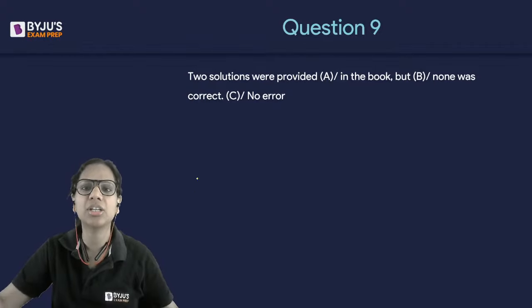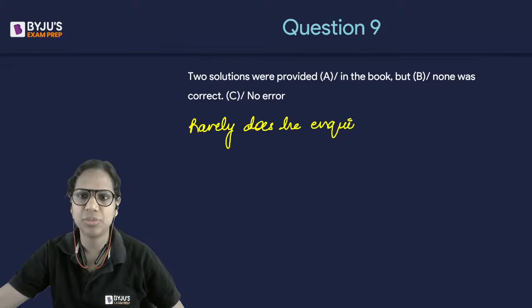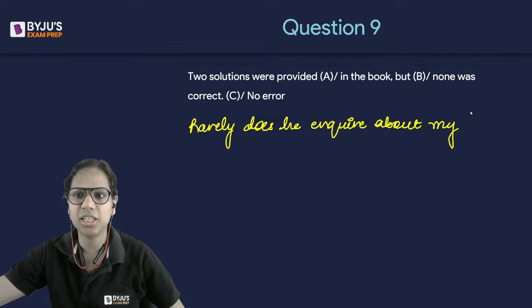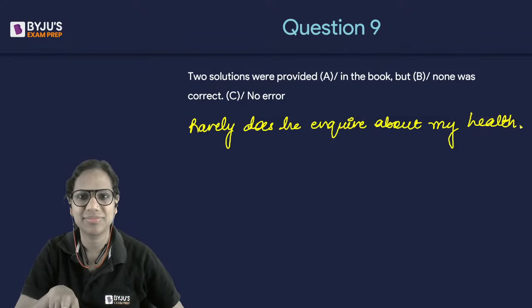No, rarely does he inquire about my health. Okay, rarely does he inquire about my health. I gave this example also. So it does not require anything here. No other pair, right?